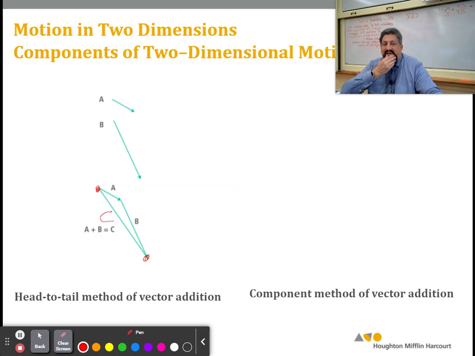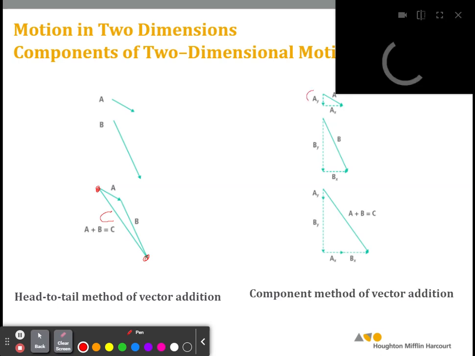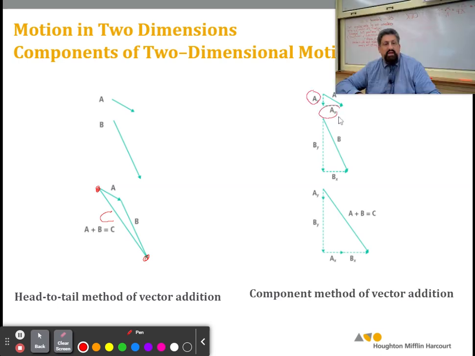Another way to add vectors together is by using the component method. When we have a vector that is not vertical and not horizontal, it's pointing at some kind of diagonal, we can say that vector A is equal to A sub y plus A sub x, right?